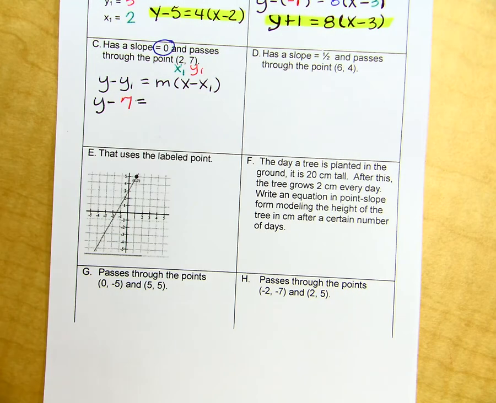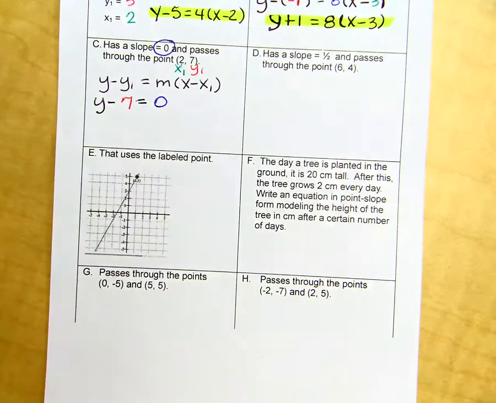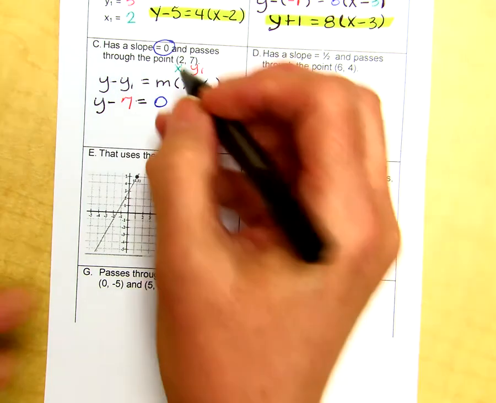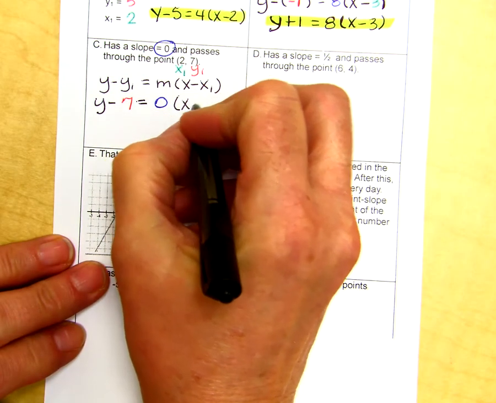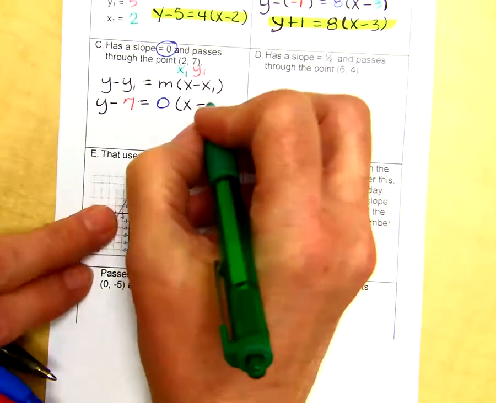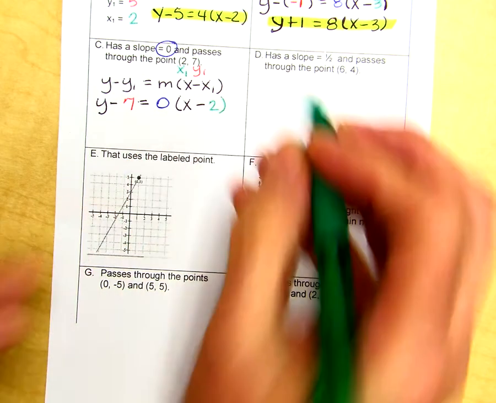Our slope is 0. And our x sub 1 is 2. So we replace that x sub 1 with a 2.